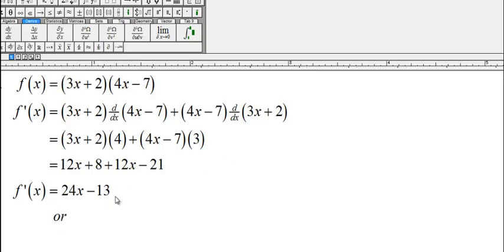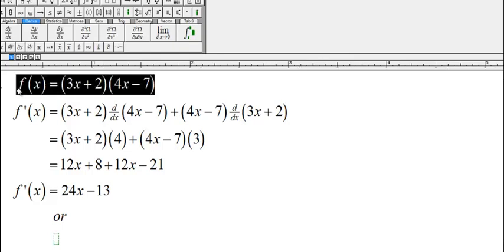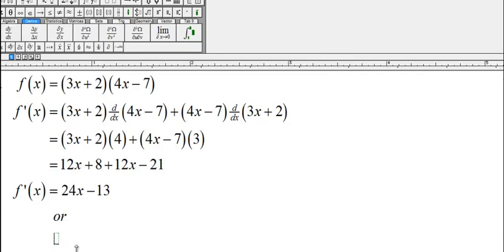Another way we could have done the same problem: if we're going to work with f of x in the form that it's in, we have to do it the way we just did. The last step is a product, so we use the product rule. But sometimes you can manipulate the expression before you start.